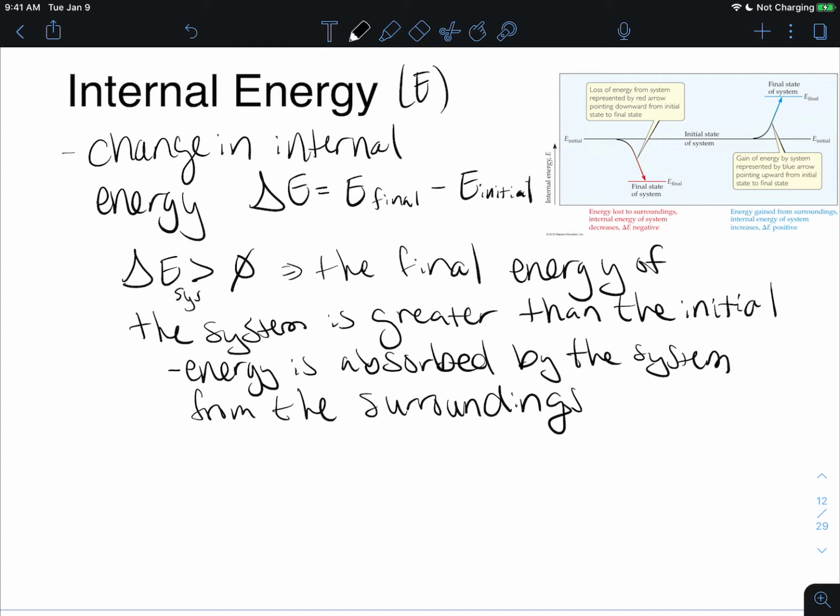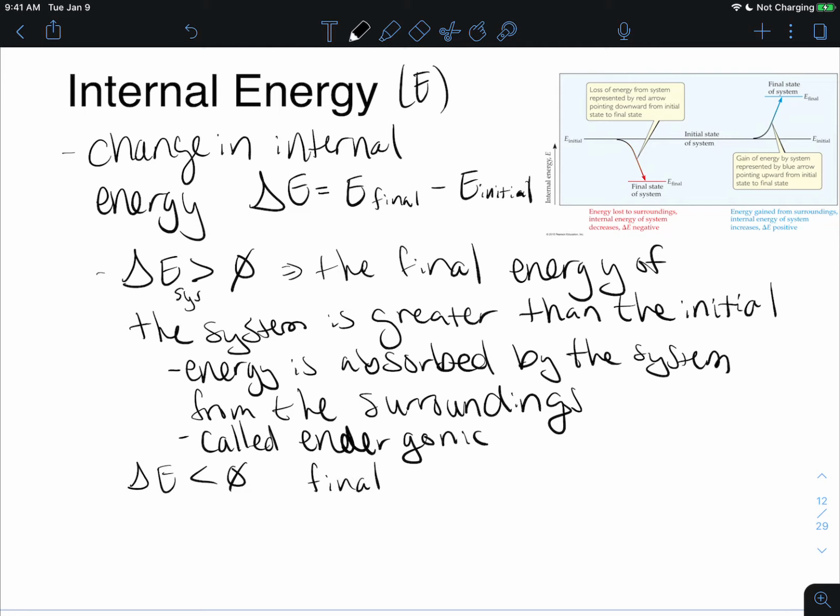This is called an endergonic process. And then if we have the opposite, if delta E is less than 0, the final energy of the system is less than the initial.